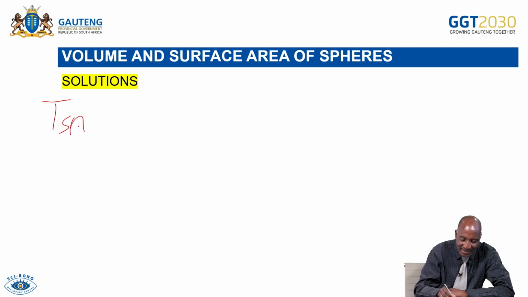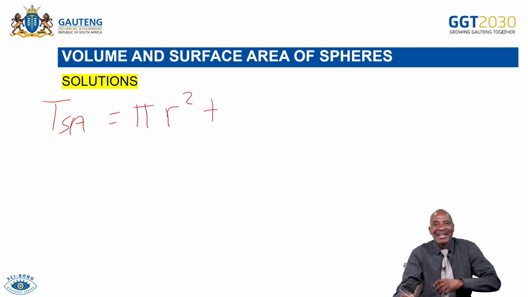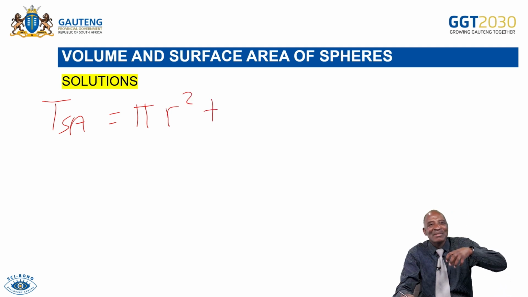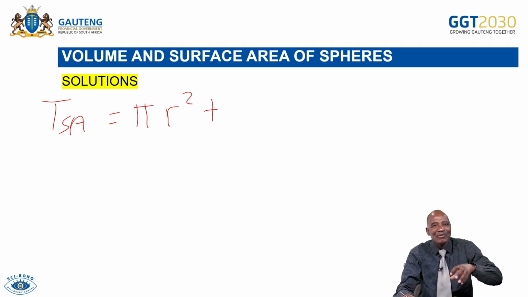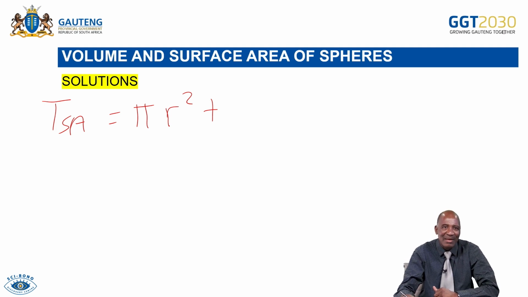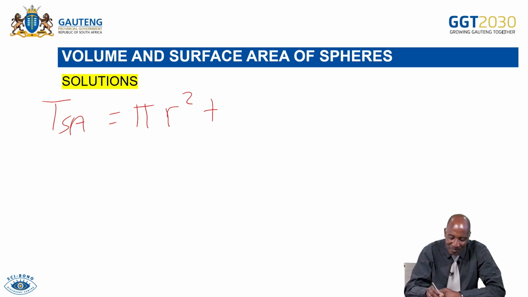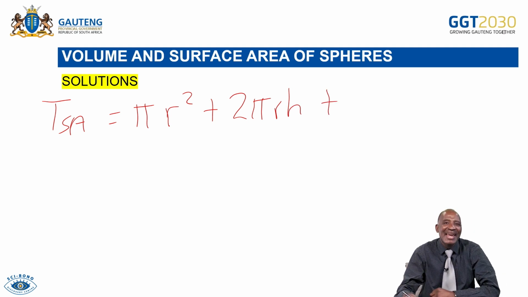Total surface area is going to be pi r squared added to, right, if we remove the lid, it means the cylinder is open at the top. There was a question that was asked earlier on. If you remove that lid, it means the cylinder is open at the top. Hence, we don't put 2 pi r squared this time. We are using only one circle plus our curved surface area for our cylinder, added to the top part, which is a hemisphere.